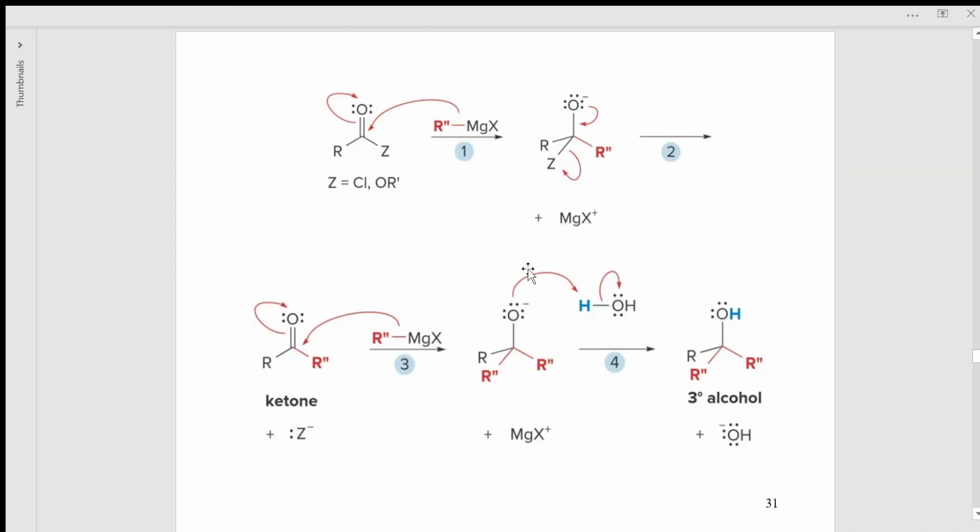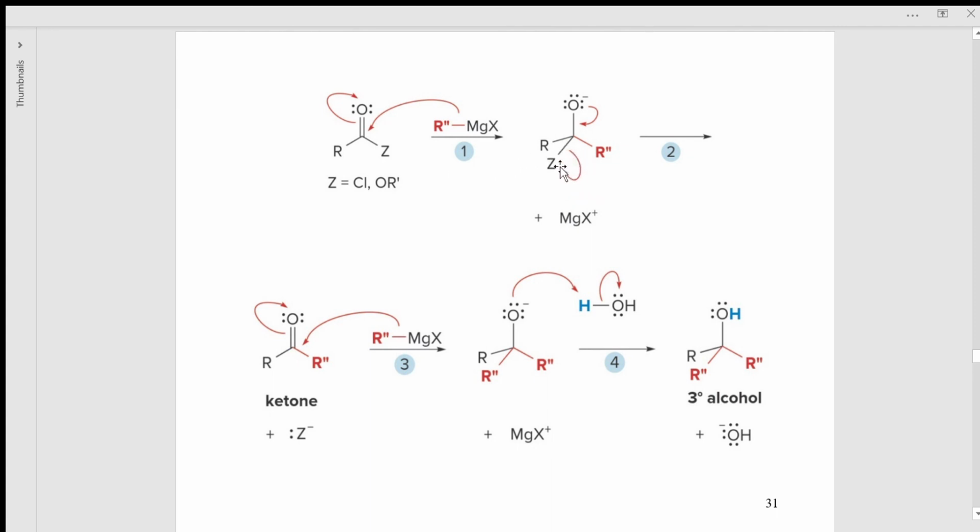Let's take a look at why we need 2 molar equivalents of organometallic reagent. This is the real mechanism, with either the acid chloride, Z here, or the ester group here. The first step is the negatively charged carbon here attacking this carbonyl carbon to form this oxygen anion, negatively charged oxygen here. Next, either chloride or this alkoxide part serves as the leaving group.